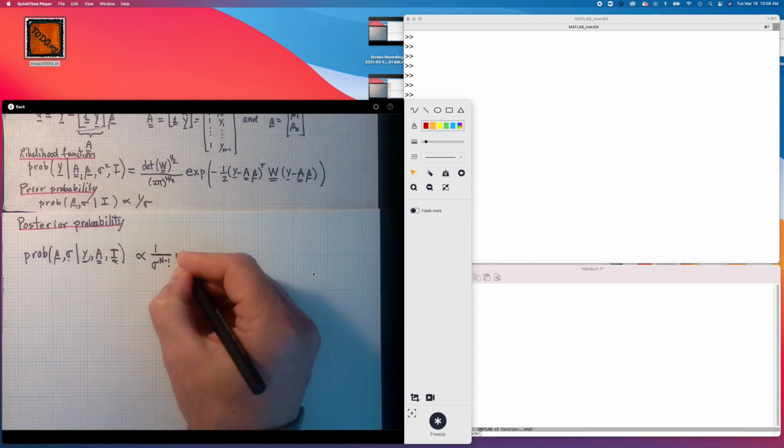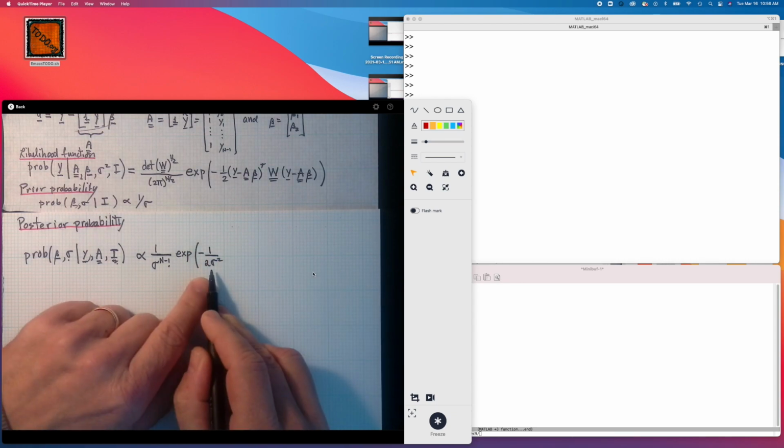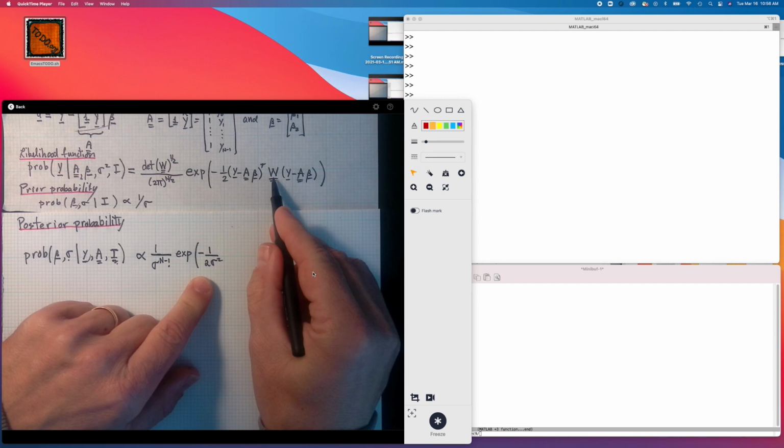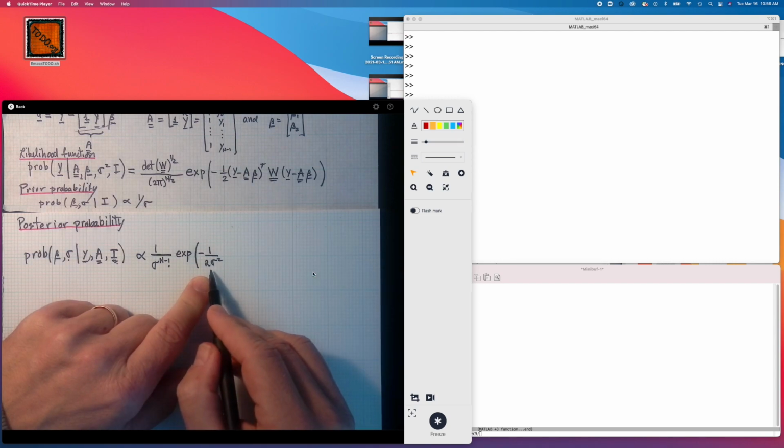And then we have the exponential term, where the sigma squared comes from the W, right? W is the identity divided by sigma squared.